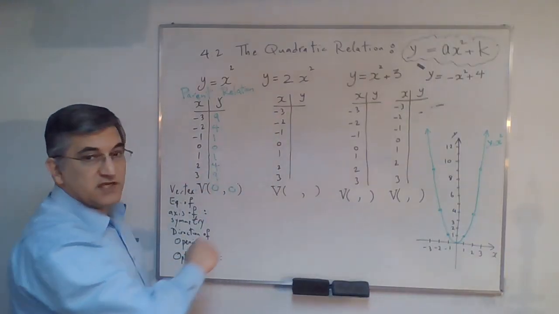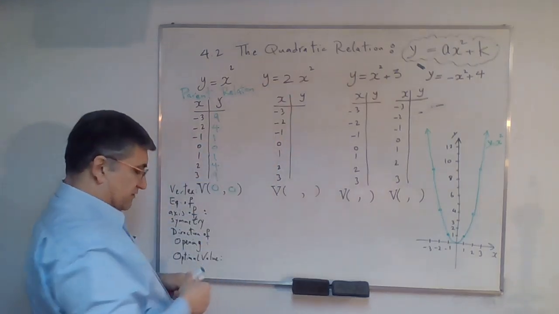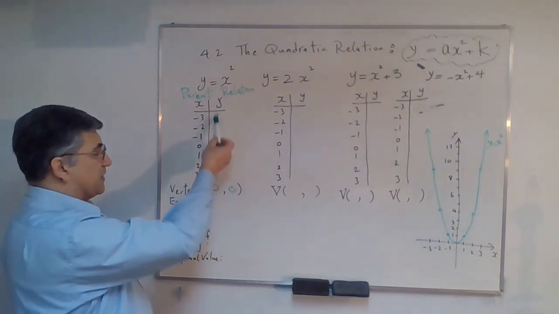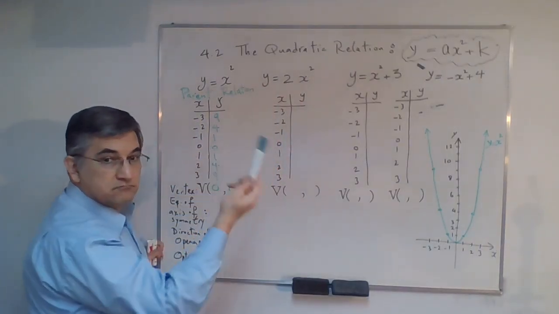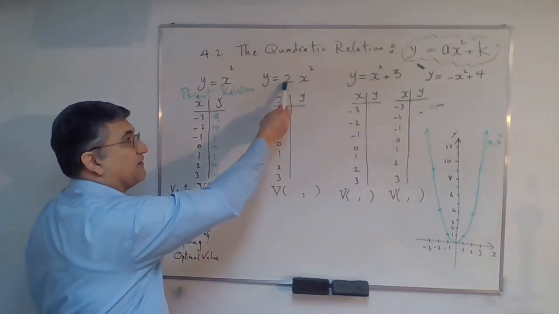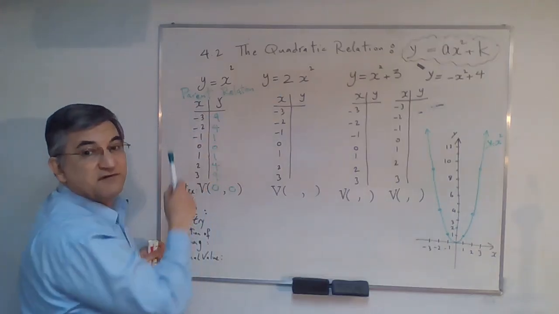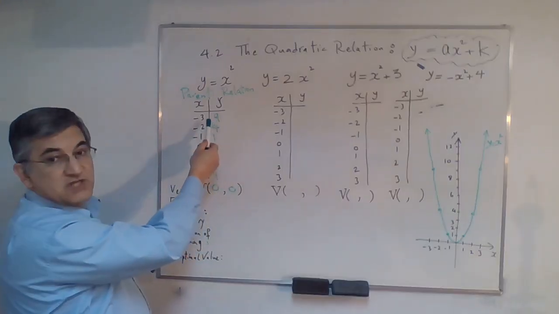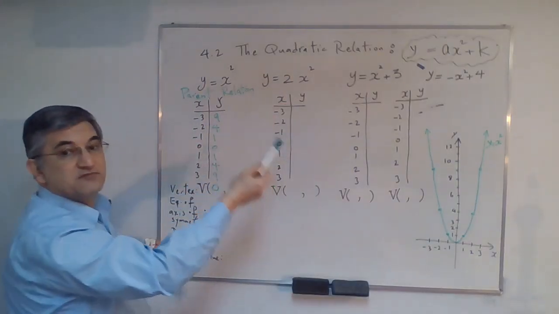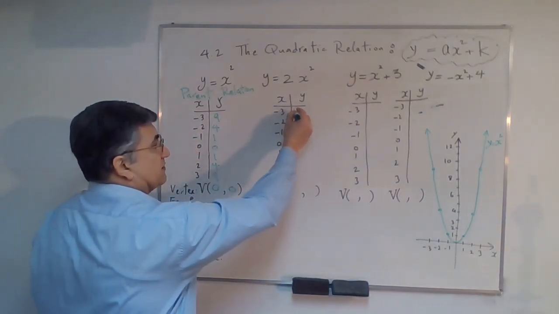So I've selected the same x values as before. Now, in order to calculate the value of y, all the numbers we had before, 9, 4, 1, 0, are still valid, but they have to be multiplied by 2 because of the 2 in front of x squared. So if I had -3 squared, which was 9, now because of this 2, I multiply that 9 by 2, and I get 18 instead.